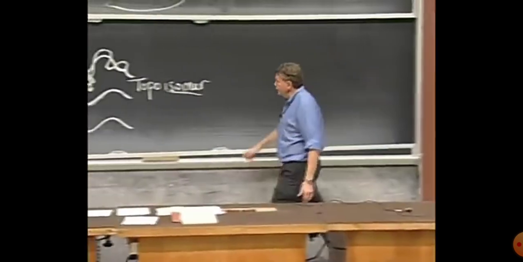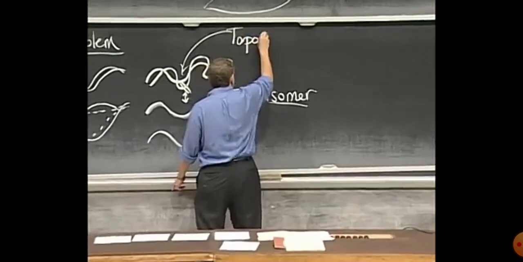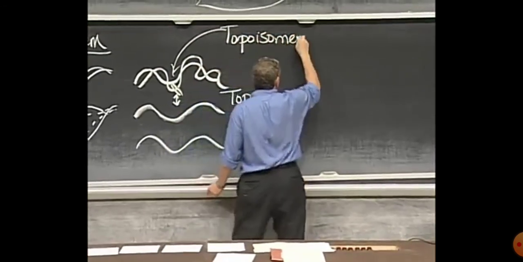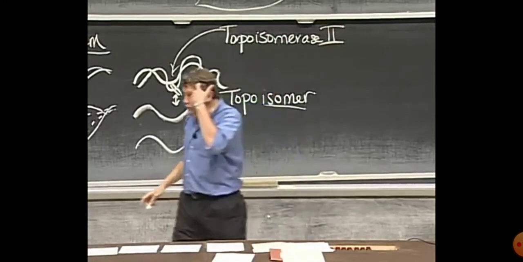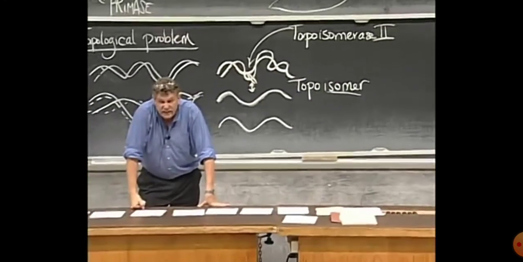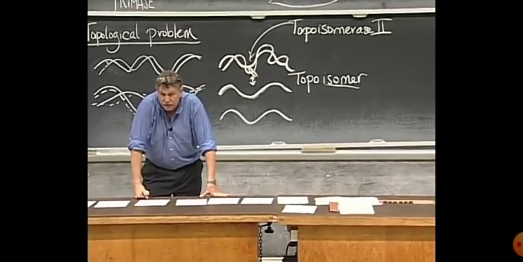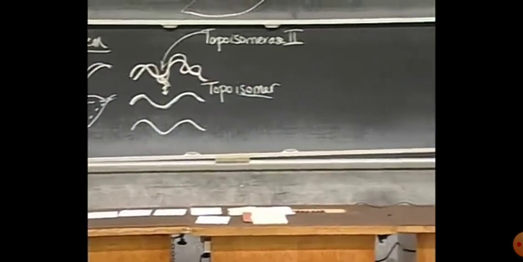This job is done by topoisomerase. Actually, by topoisomerase 2. There's a couple of different topoisomerases, and it's topoisomerase 2 that does this particular job. Cuts and seals up that double-stranded break. All right. It is amazing how this works.